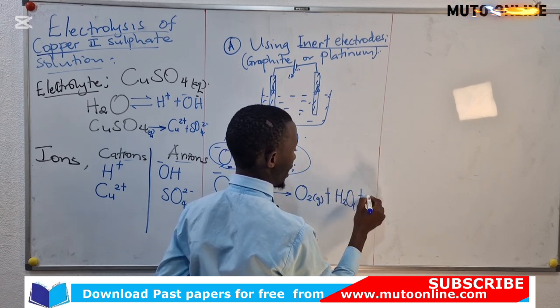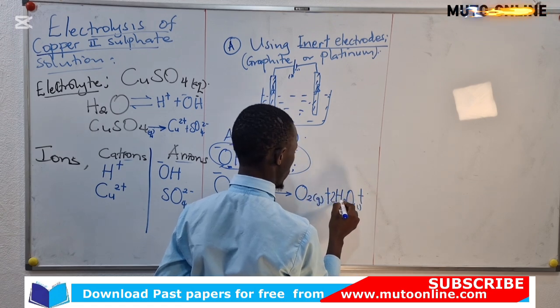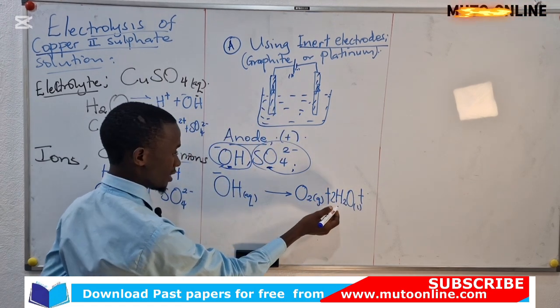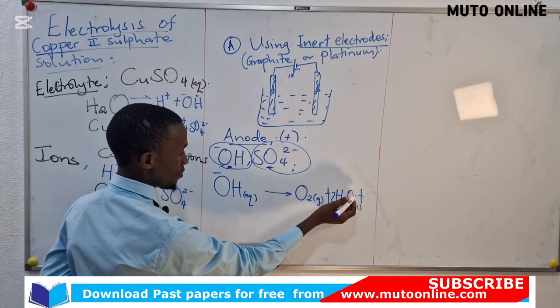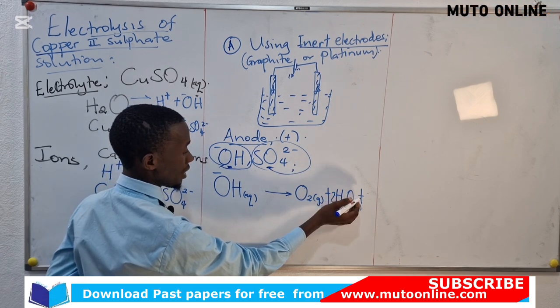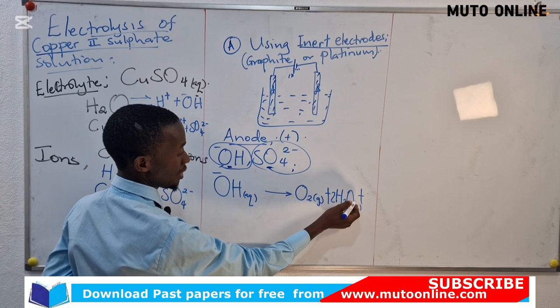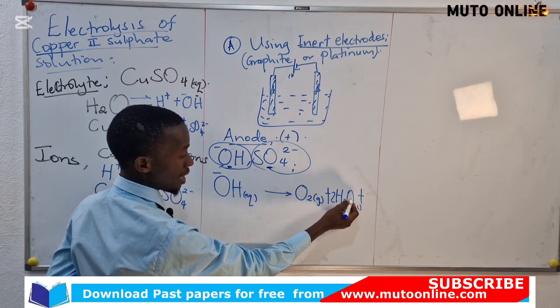Balancing this, how many oxygen did we have? 3, but we need to remove this from being an odd number. We put a 2 here, such that even this one becomes an even number.